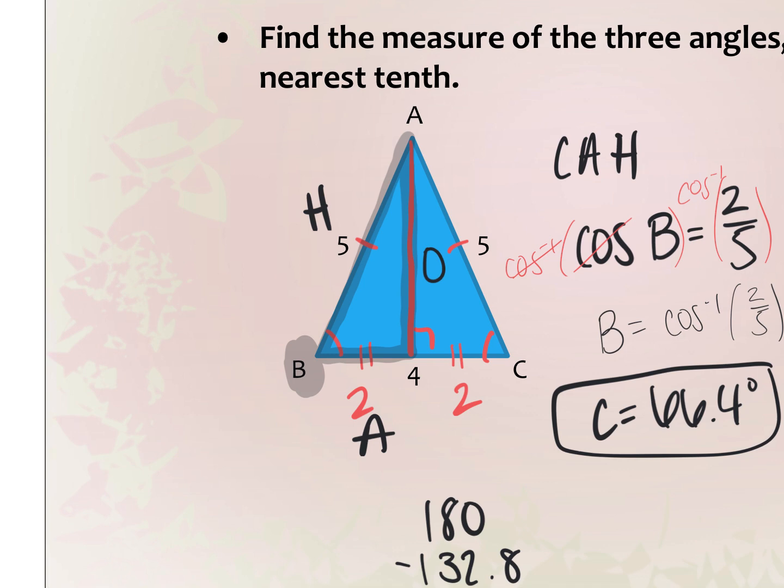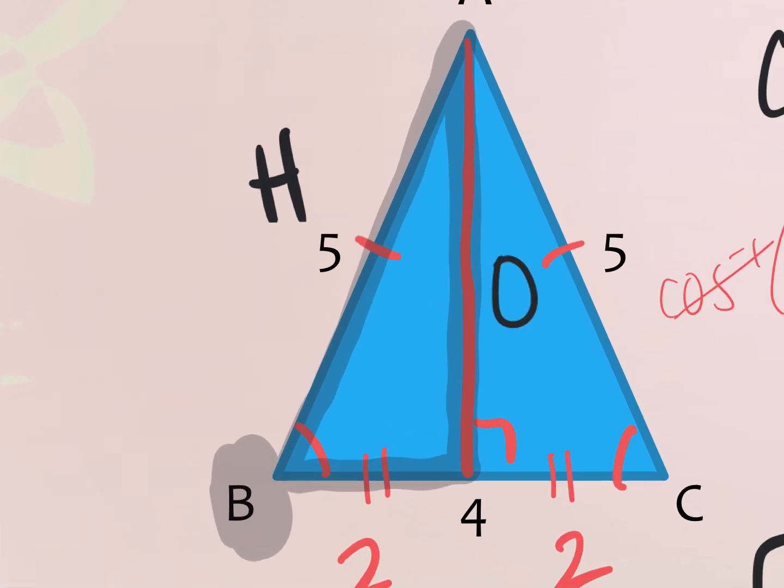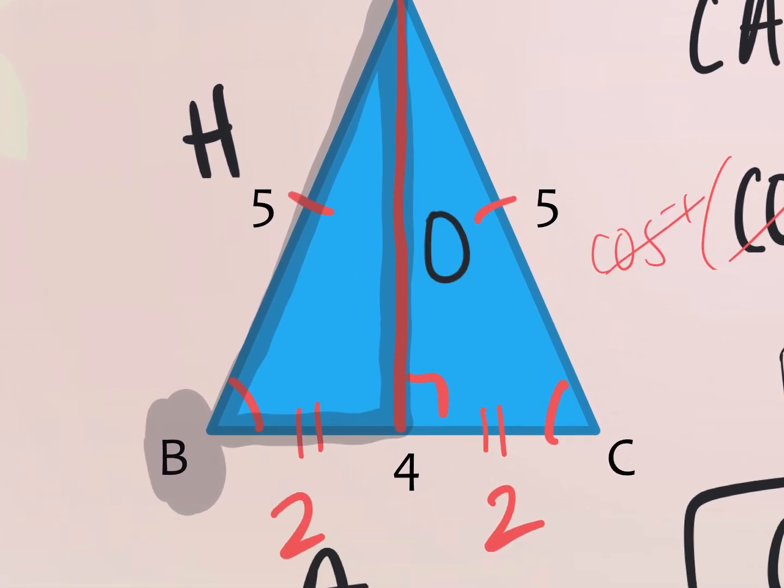So Ronnie, both 5 and 2 are next to angle B. Do you agree? They're both touching angle B. But why isn't 5 the adjacent one? Because it's the hypotenuse. So then 2 has to be the adjacent one, and this altitude then becomes the opposite. So if we knew the altitude, we would use sine, but since we didn't know the altitude, we're using cosine. Okay?